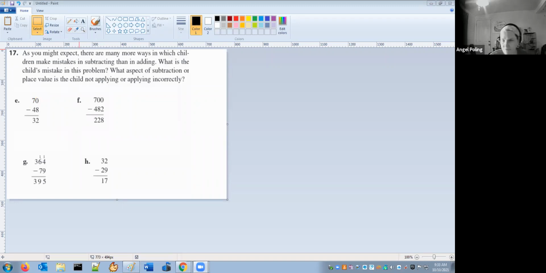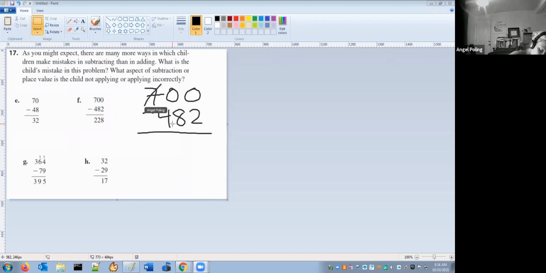In F, what we have is 700 take away 482. So it looks like here the student did borrow 1 from the 700. I'm just going to write it beside so I can write it big enough.